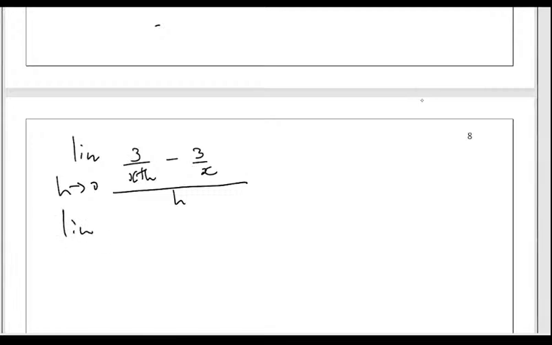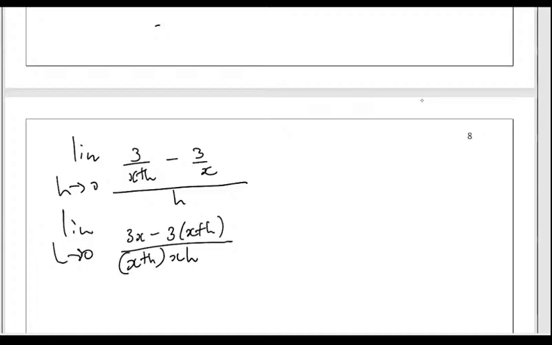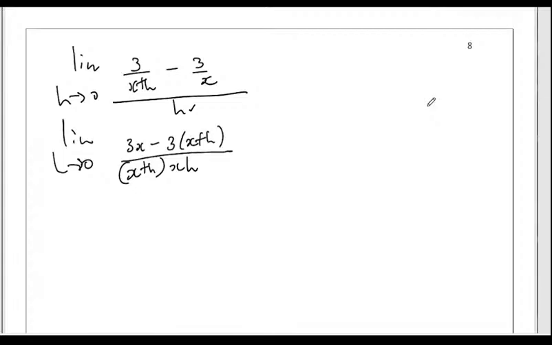So the limit as h tends to 0, we're going to have 3x minus 3 into x plus h, everything divided by x plus h, and then we are multiplying it by xh. That's going to be x into x plus h, and then divided by this h also.